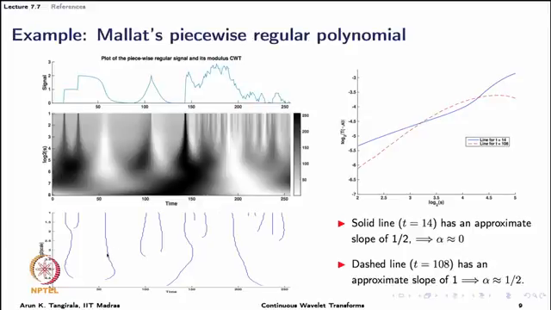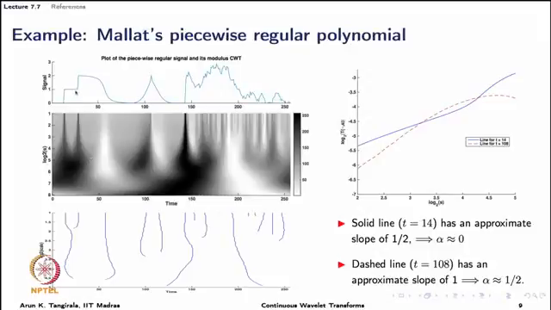Now rather than just visually looking at it, it is nice to draw the modulus maxima lines that you see at the bottom, again generated by the code given in WaveLab. And you can see the difference in the way these lines converge. For example, at the discontinuity at time t equals 14, there is a line that starts from coarse scales, that is high scales, and then converges to fine scales.